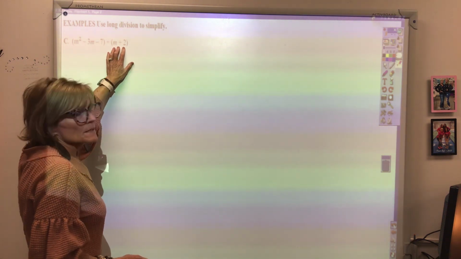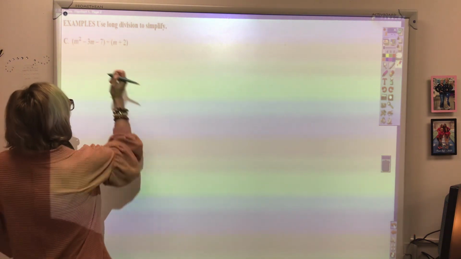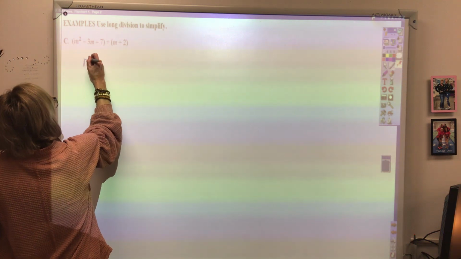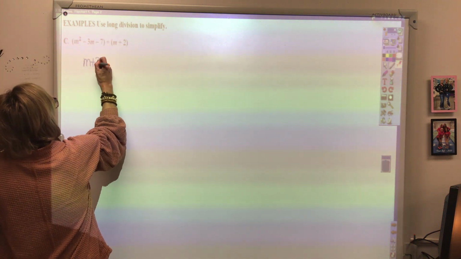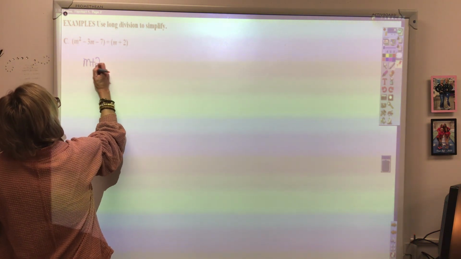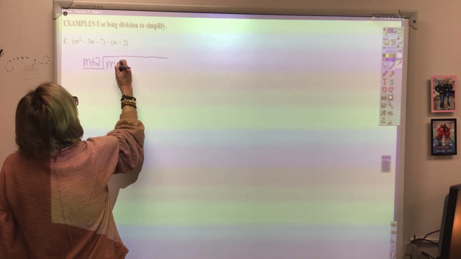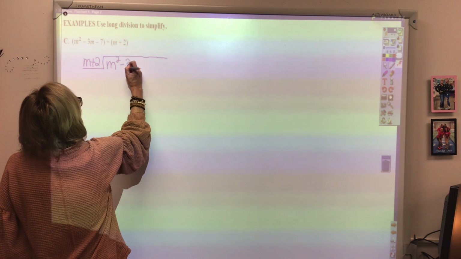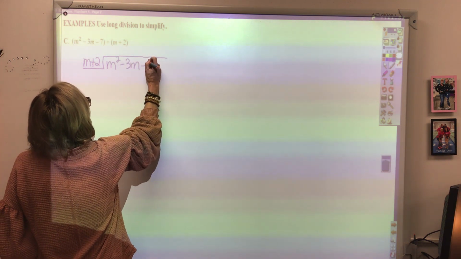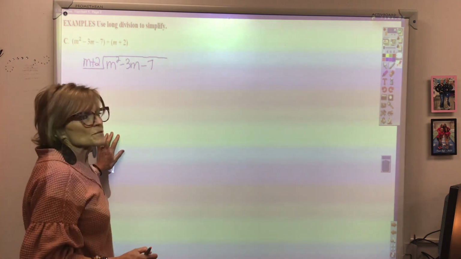We're dividing by m plus 2. So set it up like this. Put m plus 2 on the outside, and then we're going to be dividing it by m squared minus 3m minus 7.